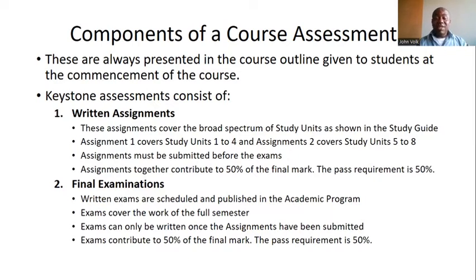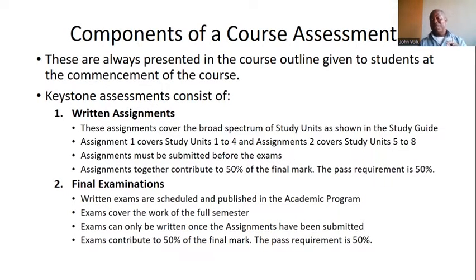Okay, and these written assignments have to be submitted and assessed before you write the final written exams. Generally, these written assignments contribute 50% of the final mark. So for you to pass and go and write the final examination, you must pass with at least 50% of the marks that are assigned to the written assignments.